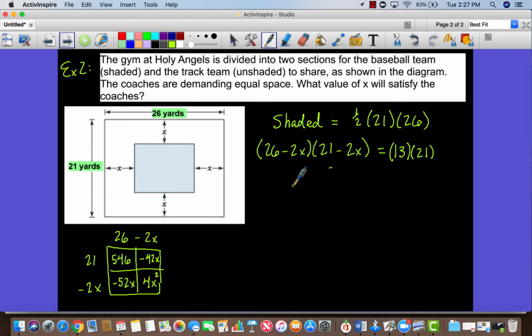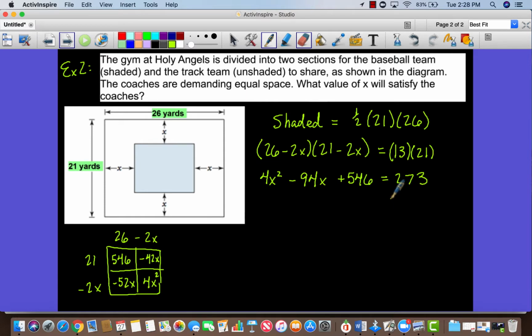Alright, combining everything on that side gives me 4x squared, and I like to put it in order with x squared first, minus 94x, plus 546 is equal to 13 times 21, which is 273.